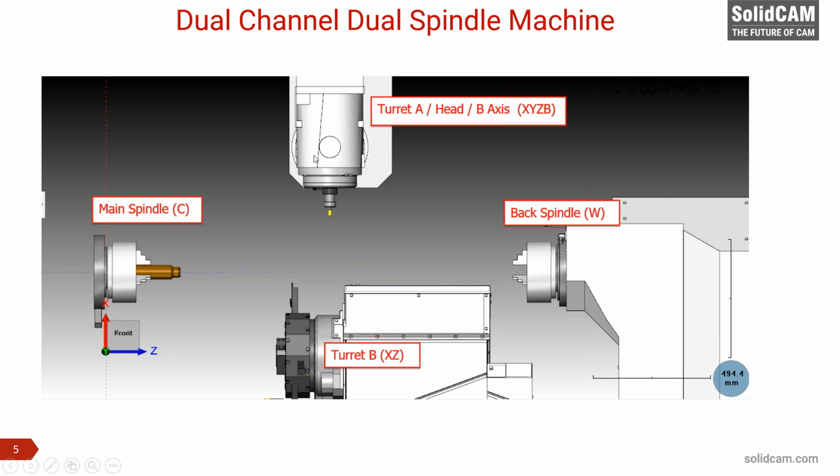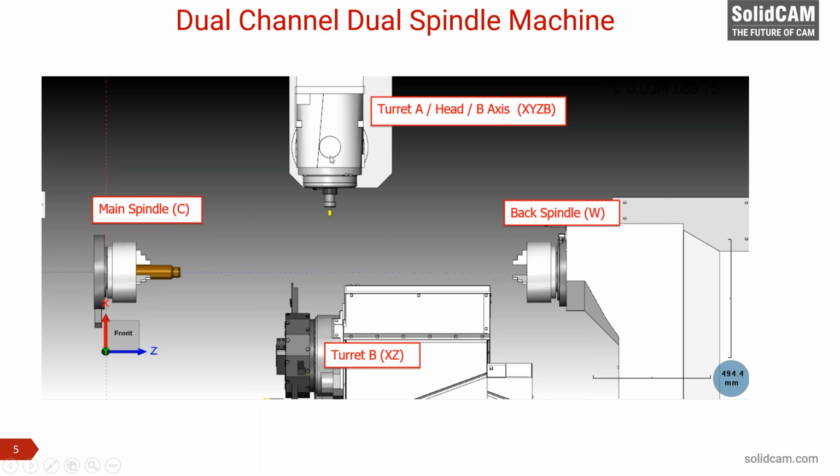The upper turret has a swiveling head, which is the B-axis, and at the bottom we have a turret. So for this example, I'm going to say this will be our turret A, and this will be our turret B. And on the left hand side we have a main spindle, and on the right hand side we have a back spindle, or we can call it sub spindle.